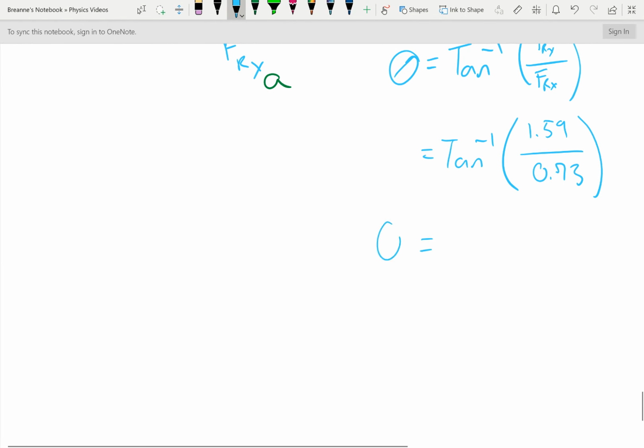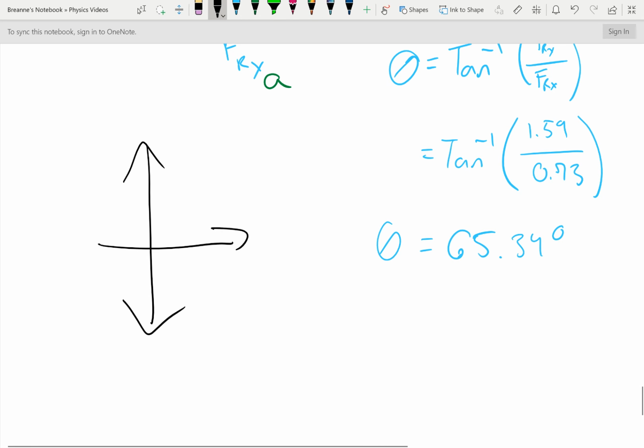And you plug that into your calculator. So you would literally put second tan and 1.59 divided by 0.73, and you get a 65.34 as your degree.